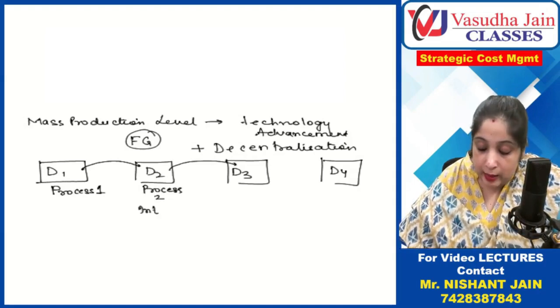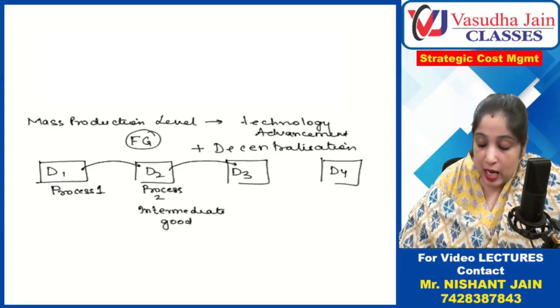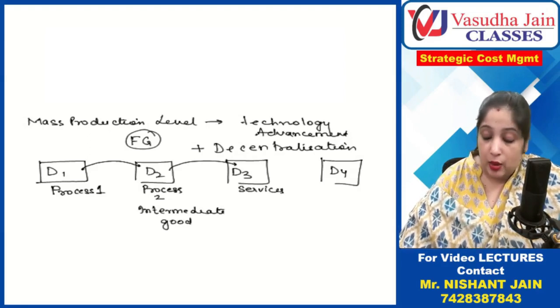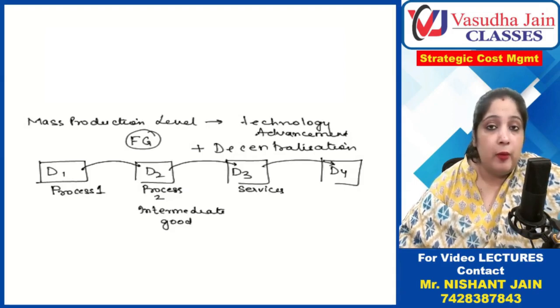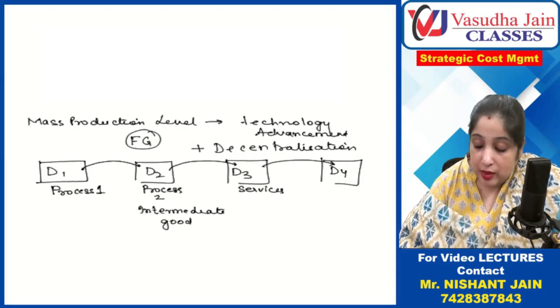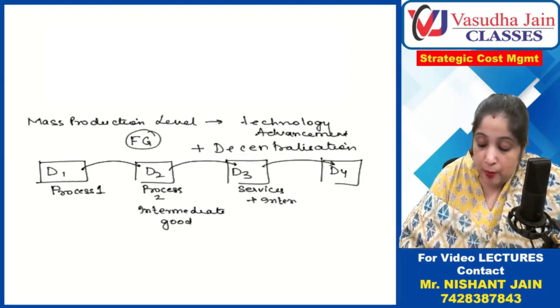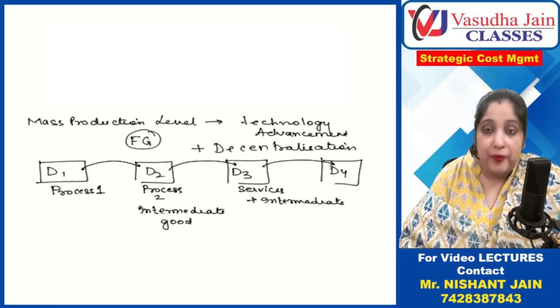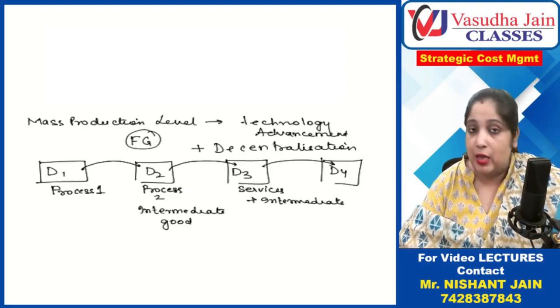Why am I saying intermediate good? Because it is not yet a finished good. Then some services are provided in department 3. After that, the good is transferred to department 4. So basically from department 3 to department 4, services plus the intermediate good are transferred. This way the manufacturing process is delegated to various departments or divisions, correct?